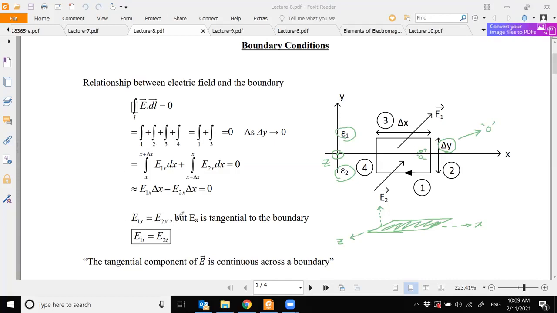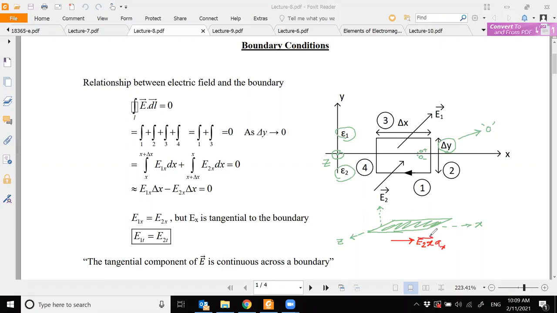It says that the x component of the electric field E2 will be the same as the x component of electric field E1. So what does this mean? This means that if this is the x component of E2, this is your E2x, ax.